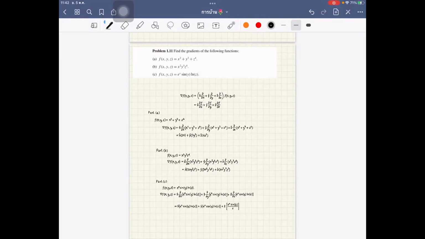For this function, we can get x hat times exponential x times sin y log z, plus y hat times exponential x times cos y log z, and next plus z hat times exponential x sin y over z.